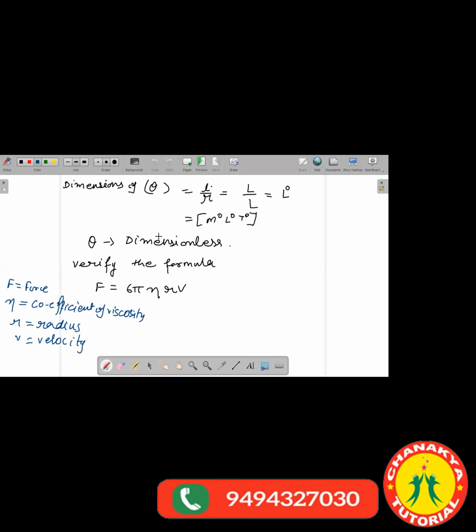So what is the last thing? 6 pi, eta the coefficient of viscosity, R. What is the next thing? V means velocity.